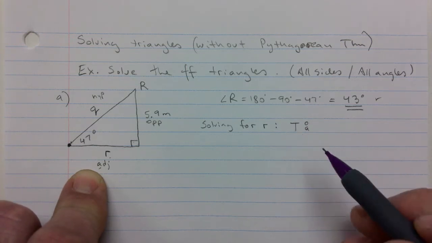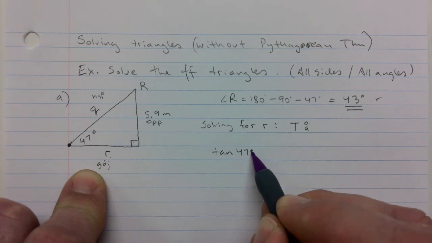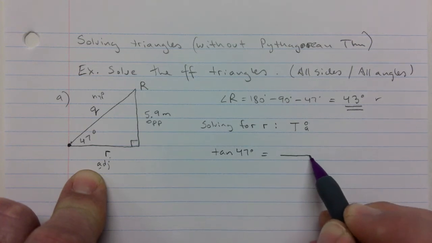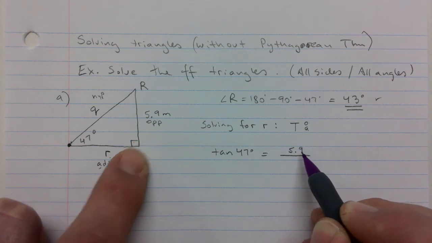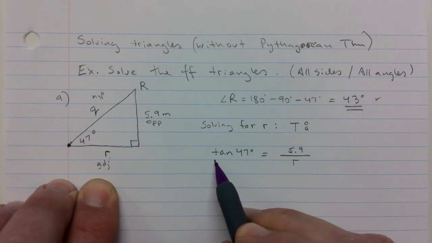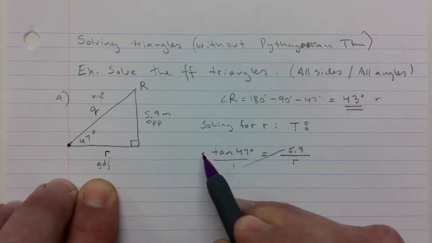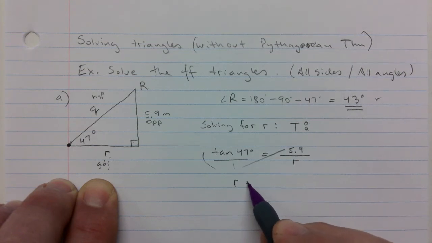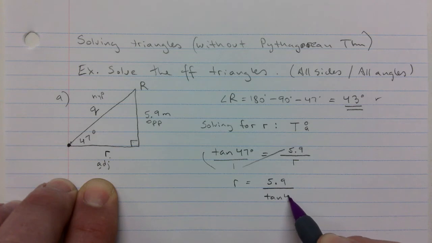So you're going to use tangent. So tangent of 47 degrees is equal to opposite, which is 5.9, over r. You put the 1 here, you would cross multiply down, divide going up. So r is 5.9 divided by tan of 47.